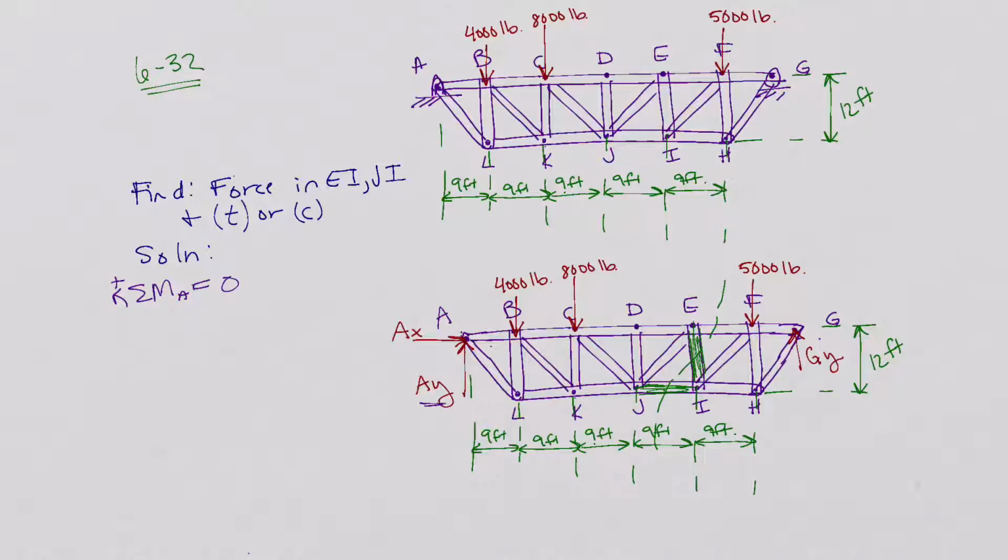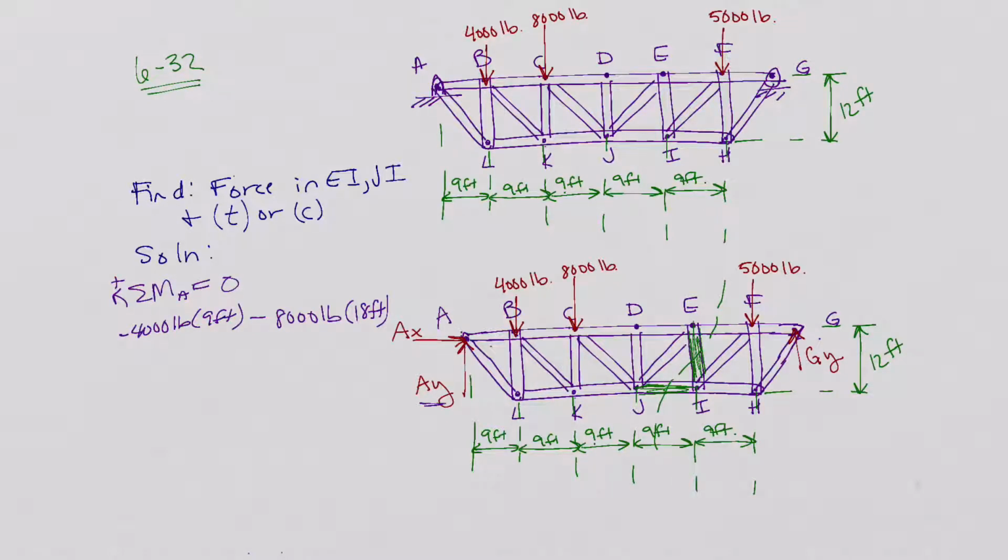It's coming out of the board. So we have that force at B, that 4,000 pounds, and 9 feet is the perpendicular distance, and that's going into the board. So that's negative 4,000 pounds times 9 feet, minus that 8,000 pound force, 8,000 pounds, and that perpendicular distance, or moment arm, is 18 feet.